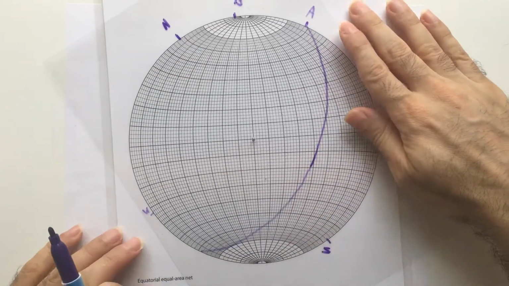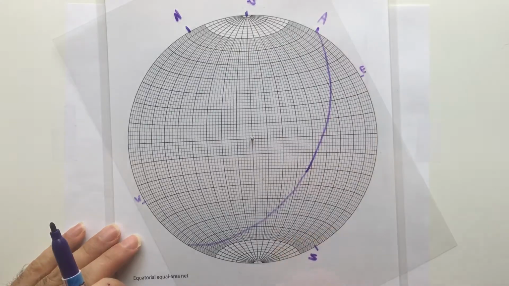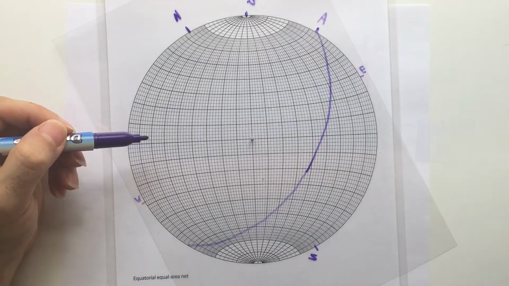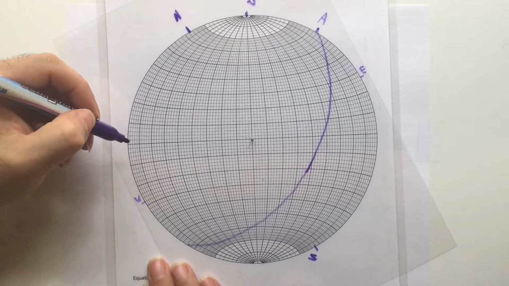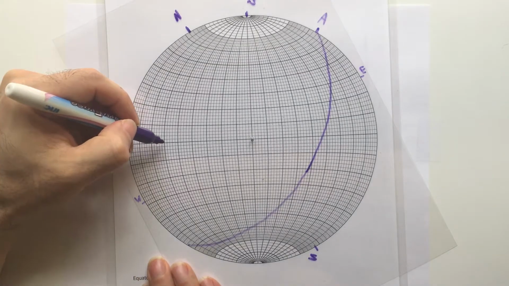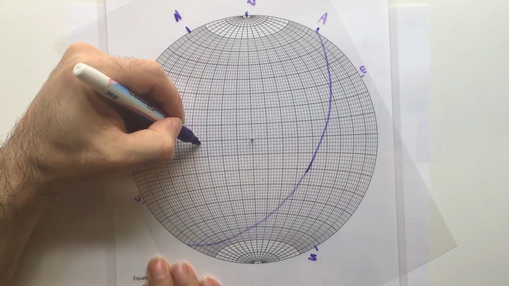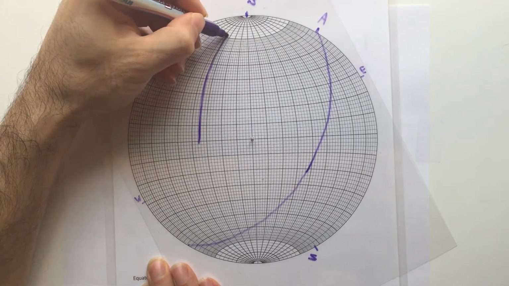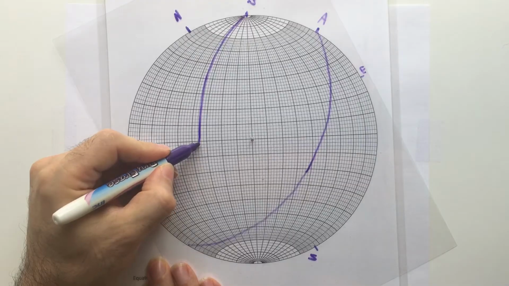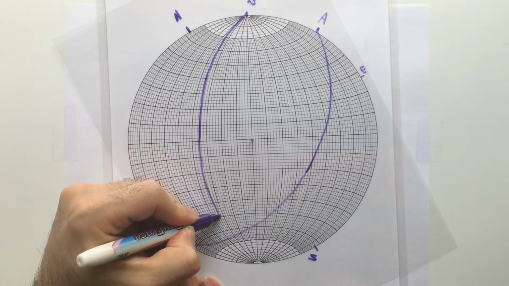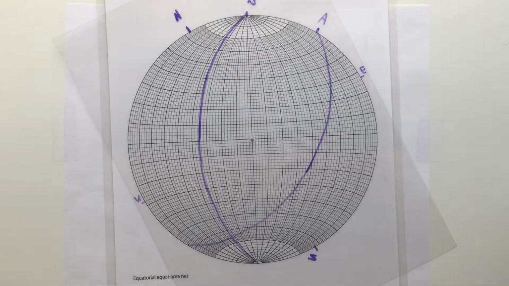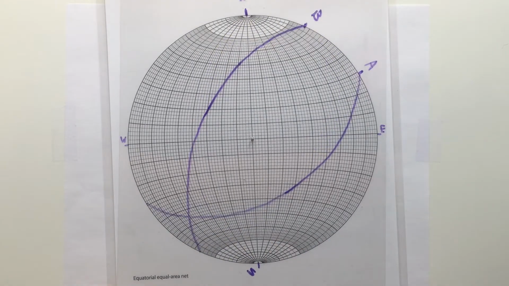So I'll put the B on the east-west line and count from the northwest direction. 55 degrees: 10, 20, 30, 40, 50, and 55. Okay, cool. So this is what we got.